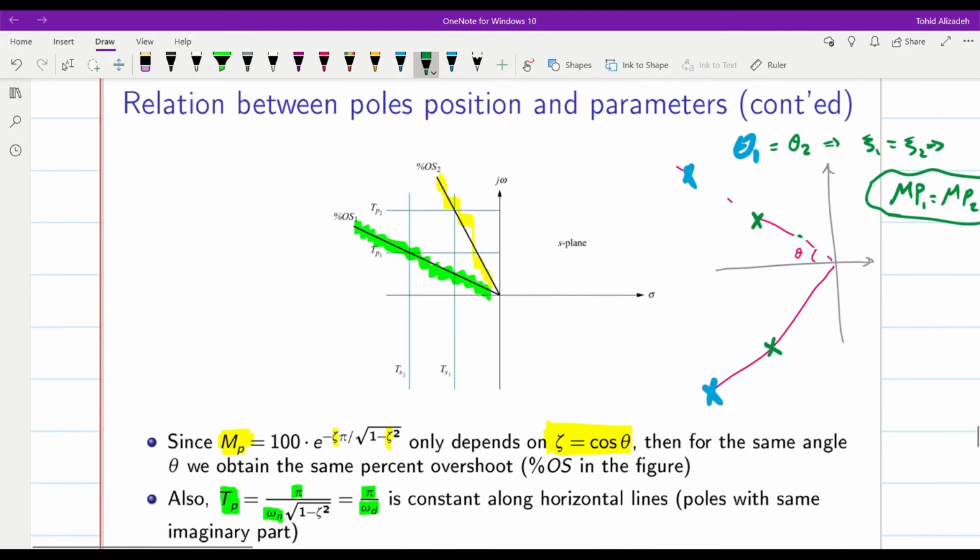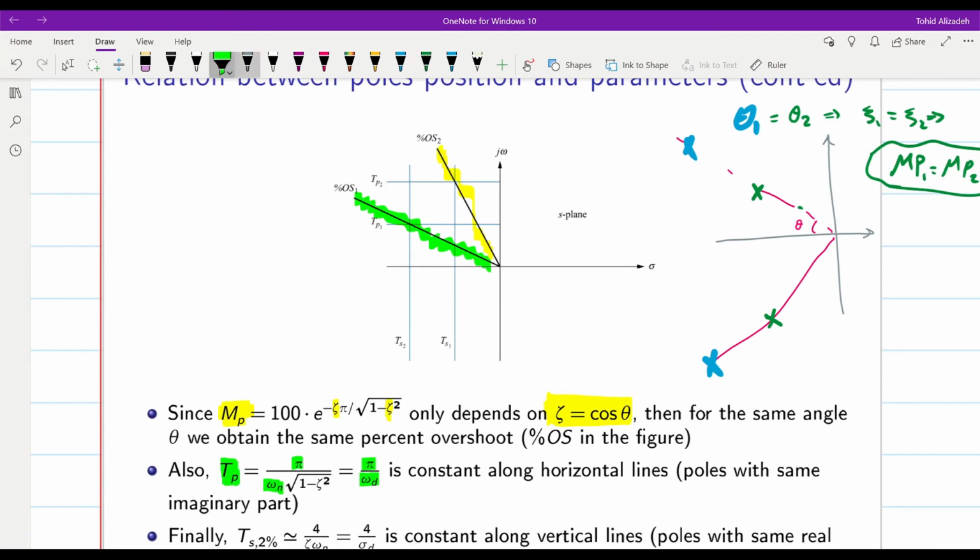And it means that if we have two systems which have the same value in terms of omega d, if this is system number 1 and this is system number 2, since both of them have the same value for omega d, it means that both of them will have the same peak time.